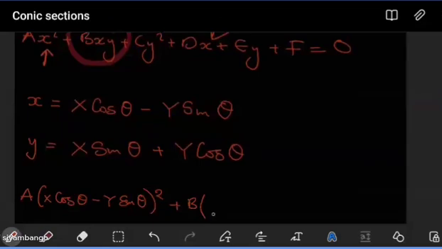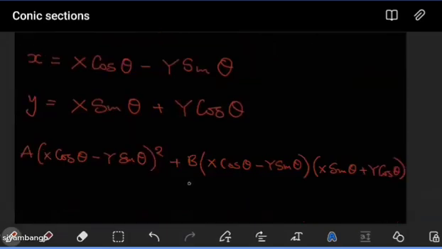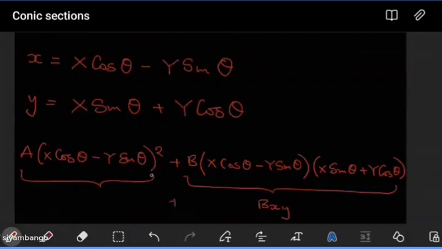So where we have small x, we'll put this. And where we have small y, we will put capital X sine theta plus capital Y cos theta. So all this is just bxy. And all this is just ax squared.